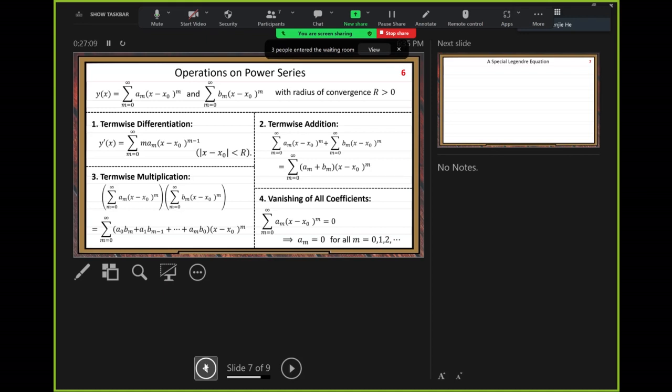When we solved, we used number 1, 2, and 4. It's rare to use number 3, but there is a small chance we may use the third property.